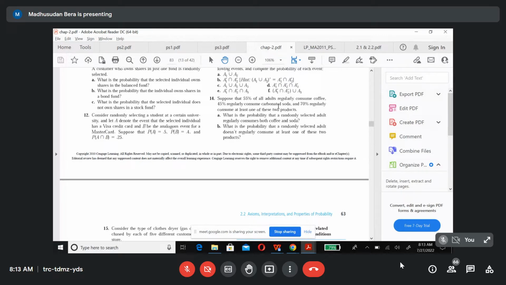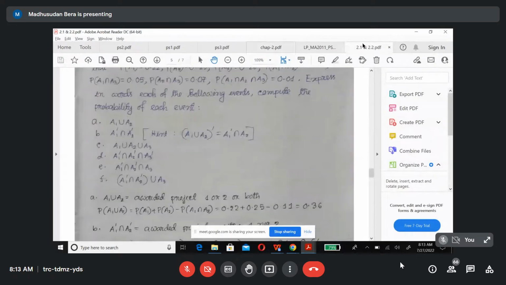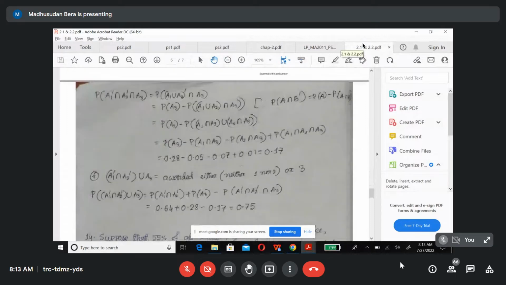So how can we find this? Suppose an adult is a coffee consumer. What will be the probability? 55%. See, that question I think is done here.